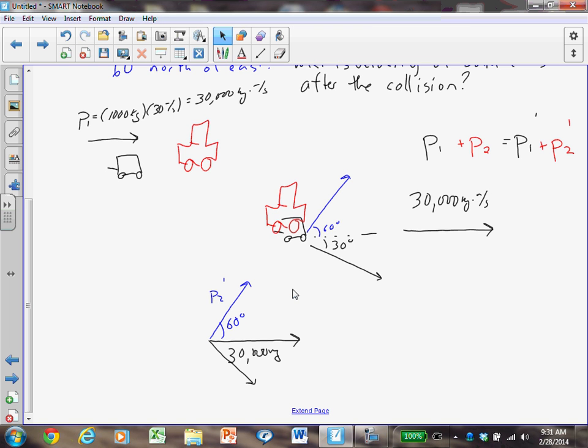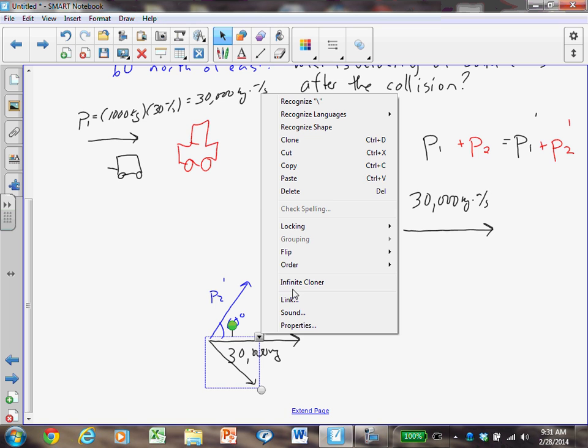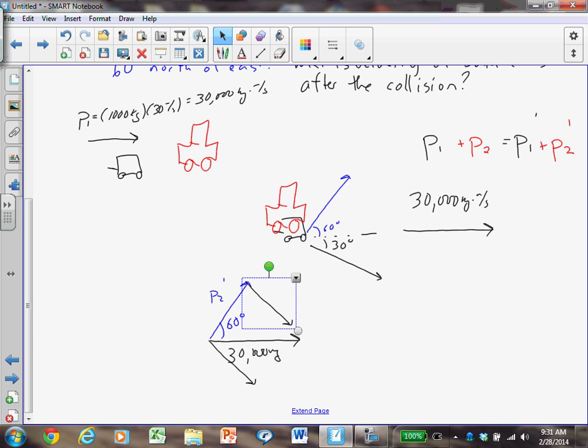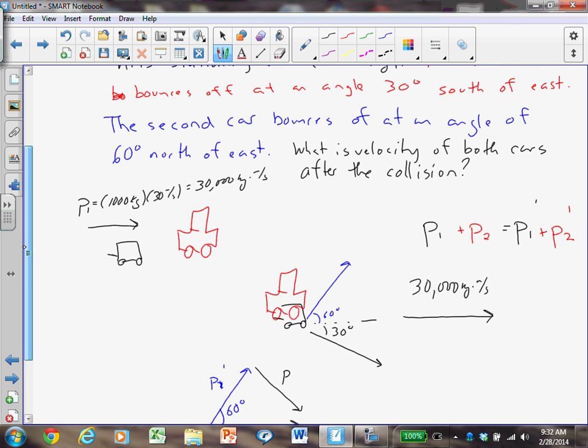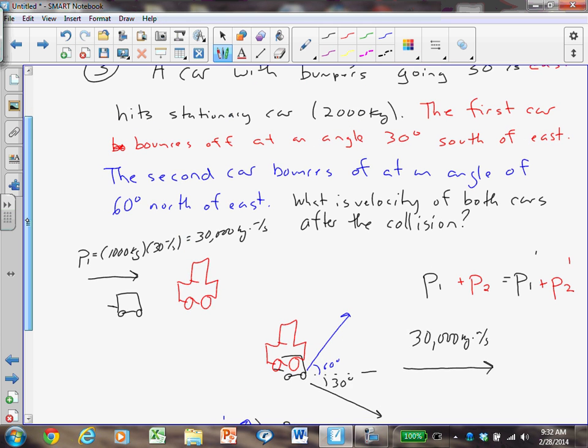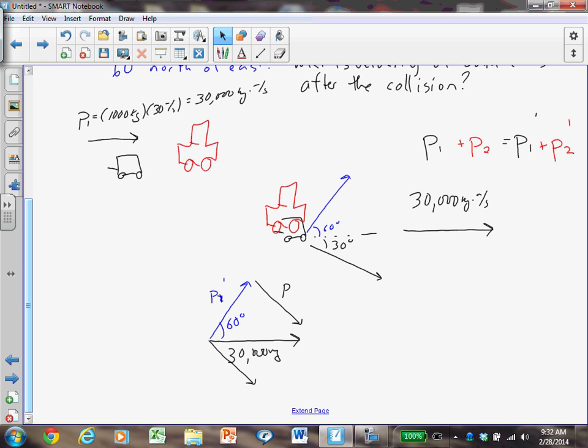However, these can move around because the two of them have to add together to give you what? 30,000. Wait, what did the first car do? The first car went off at 30 degrees south. So this is P1 prime, and this was P2 prime.